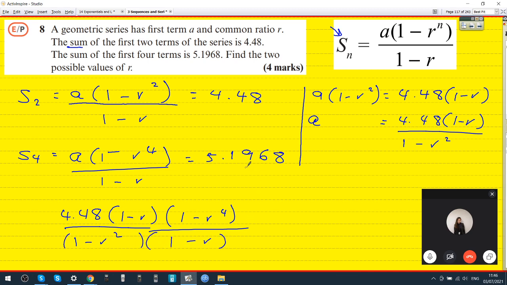And that's equal to 5.1968. And so you have to solve it. All right, let's try it.